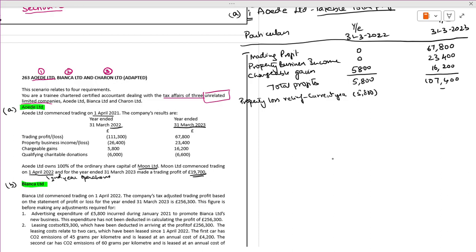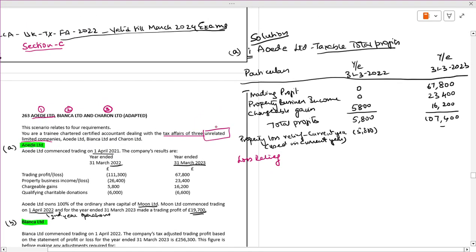Now we have to make sure how much we have used in the current year. Current year, how much have we used of the recovered losses? 5,800. Next, what is the loss relief we are going to have? For this we need to specifically do the workings.